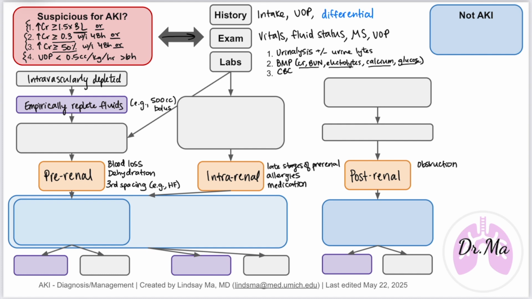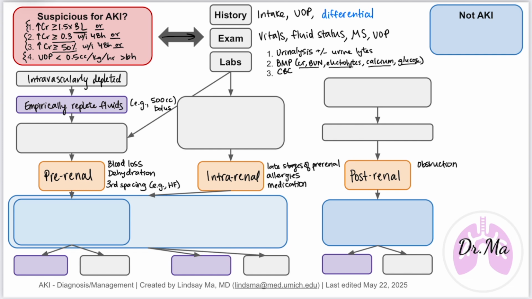However, the extra fluid could complicate other conditions the patient might have, such as heart failure. And so you'll want to be cautious as you decide to give fluids or not. If the patient's status improves with the addition of fluids, say with improved urine output, then even before your labs come back, you may be leaning towards a prerenal cause of AKI.